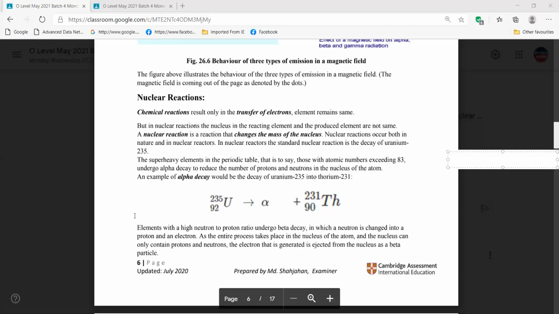There is one force in the nucleus that is called weak force, which is always trying to make the proton and neutron ratio balance. Okay, and because of this tendency of that weak force, we are having this beta decay.